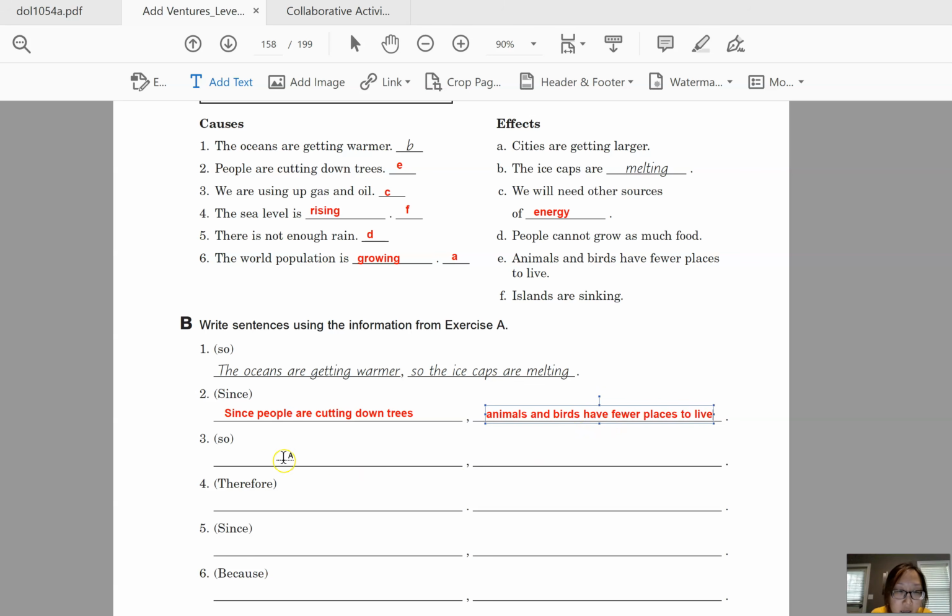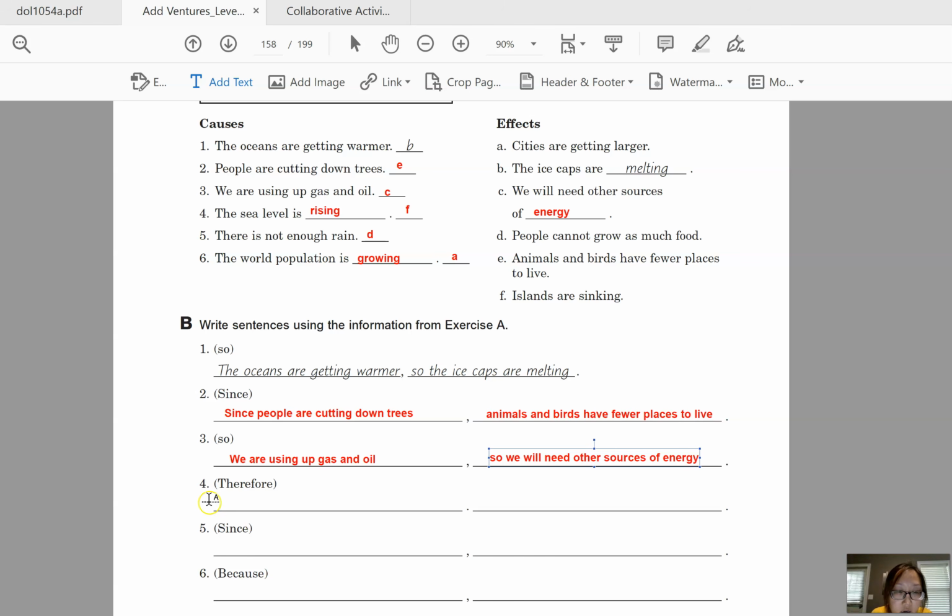Okay, and then number 3 is so, and it needs to come here because it's lowercase. Okay, so we can say we are using up gas and oil. Okay, so we will need other sources of energy.